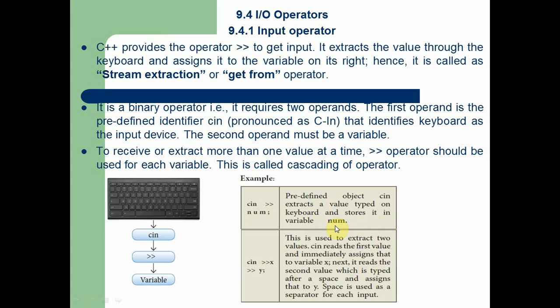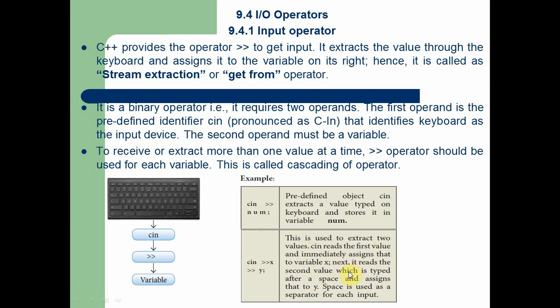In this statement we extract one value and store it in one variable. Suppose we want to extract more than one value, for example two values, then what do we do? This is the example: cin get from x, get from y. This is used to extract two values. Cin reads the first value and immediately assigns it to the variable x.